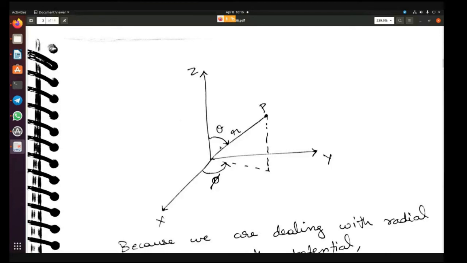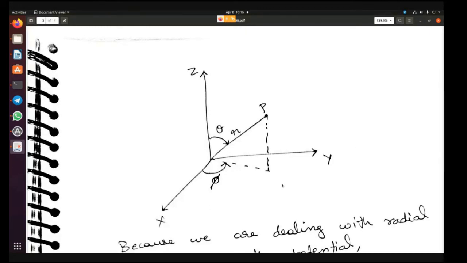The angle that this vector subtends with the z-axis is your angle theta, and the angle that the projection of this vector onto the xy plane makes with the x-axis is called phi. So this is your spherical coordinate system.